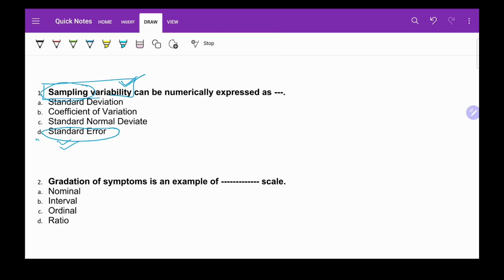Gradation of symptoms is an example of which scale? Now we know that there are 4 scales of measurement: nominal, interval, ordinal and ratio scale. Nominal scale is related with the naming or grouping, or we give titles to the groups.